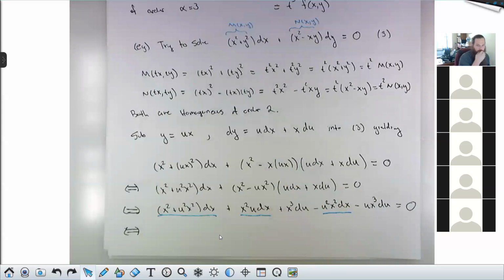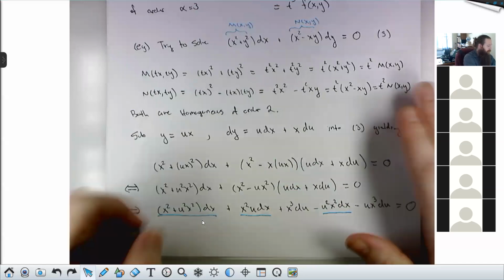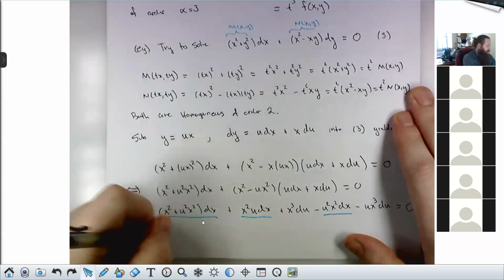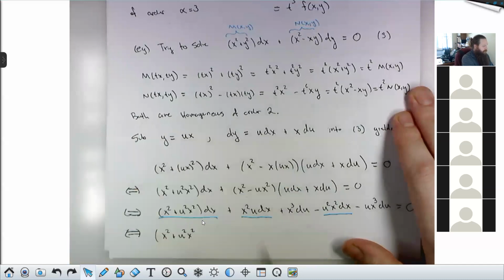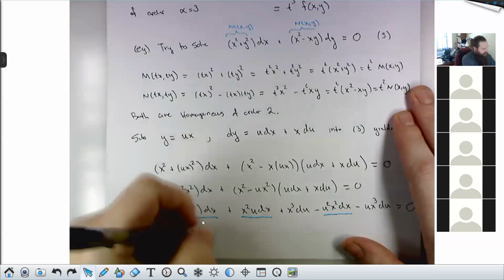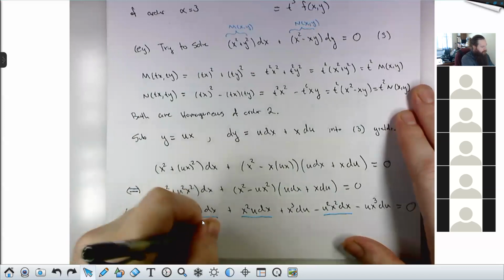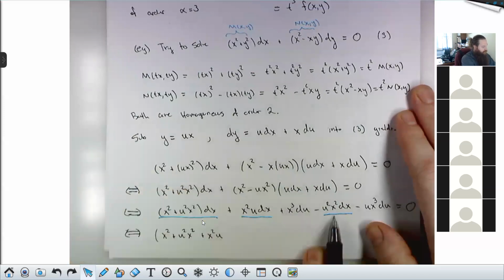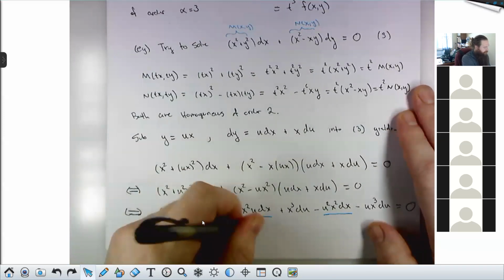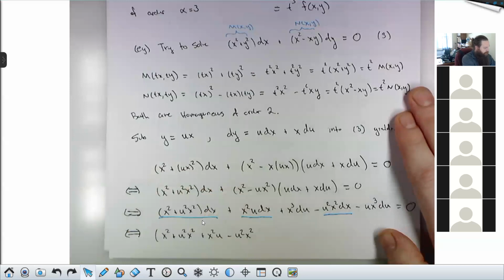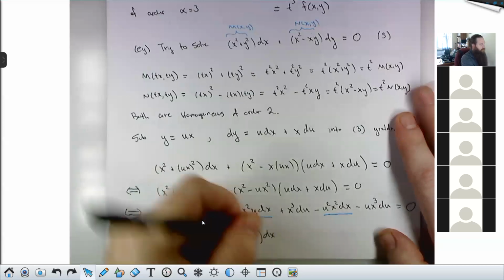So if I put those together, all the dx stuff is x squared plus u squared x squared plus x squared u minus u squared x squared, all that times dx.